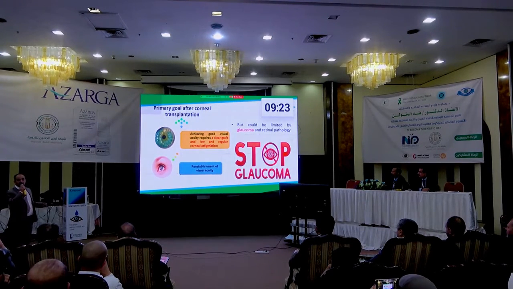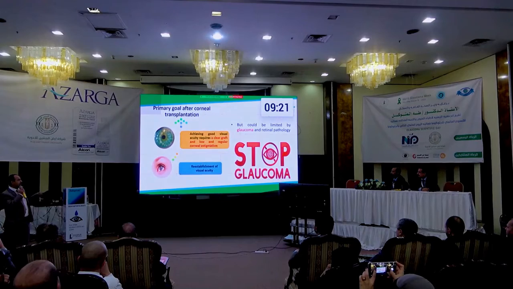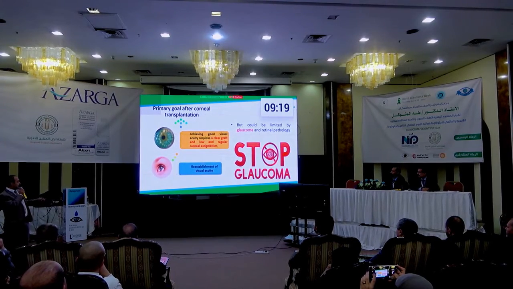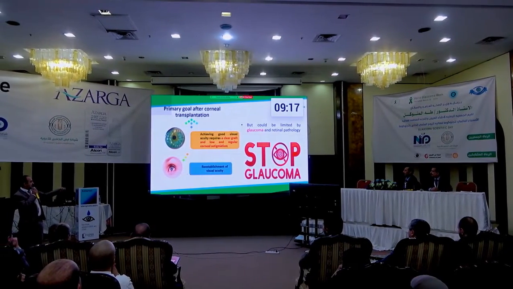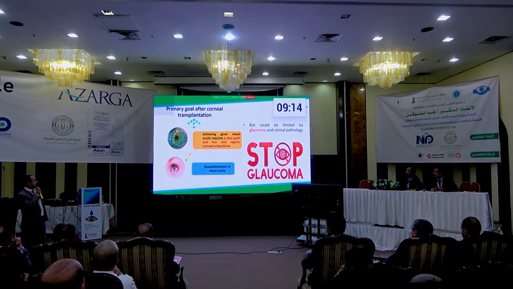As the primary goal of the corneal graft is to establish visual acuity, you must have good visual acuity. You have a clear graft and low and regular corneal astigmatism.